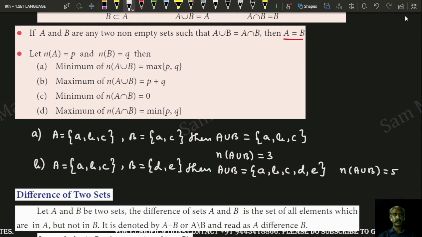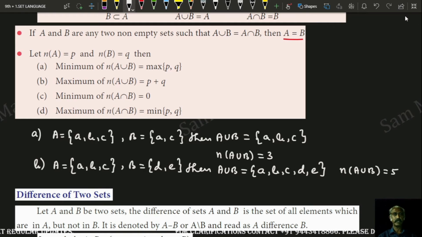Next one, you can go for the minimum of n(A intersection B), which is 0 in this case. You just consider the B case and you take the intersection. Nothing is common there. Therefore, n(A intersection B) is 0. So the maximum of n(A intersection B) is from the earlier example. A is equal to a, b, c and B is equal to a, c. Then we are getting the minimum of p and q.